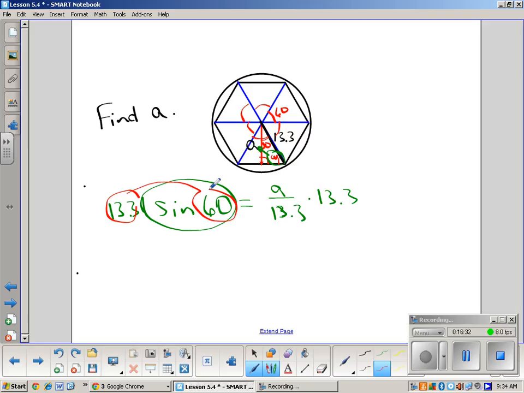That would be wrong. It's not 60, it's the sine of 60. That's like the square root of 5 is not 5. Sine of 60 represents a number.